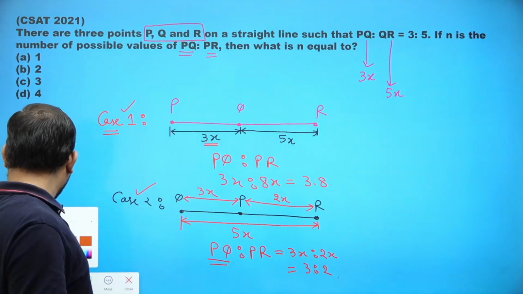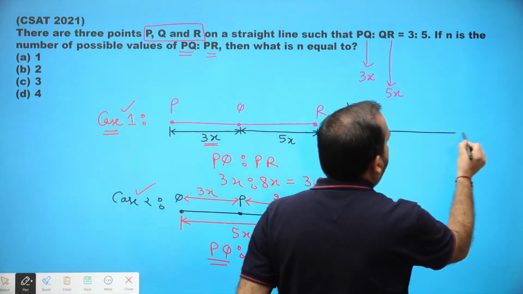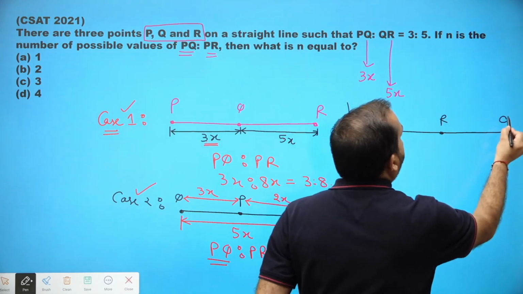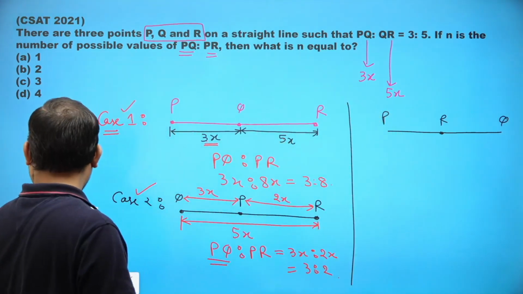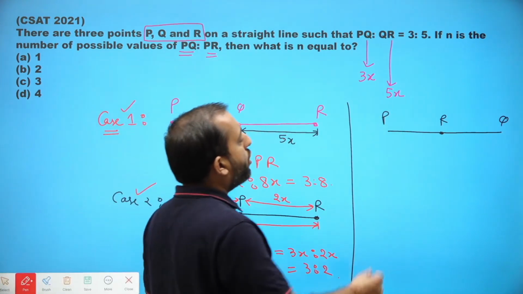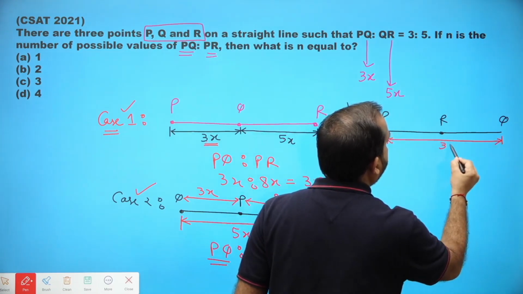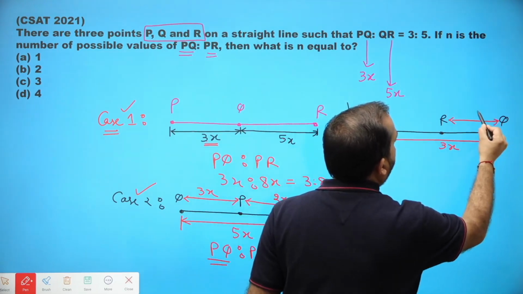Now the next case is when R is lying between P and Q. We already know that P to Q is 3x and Q to R is 5x.